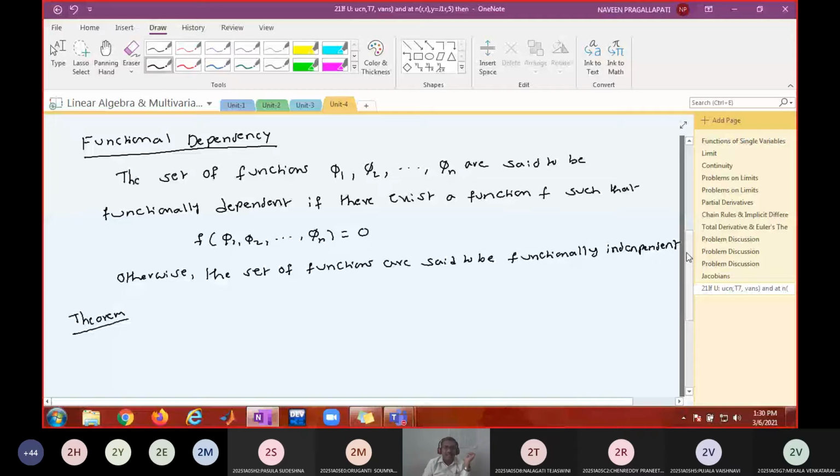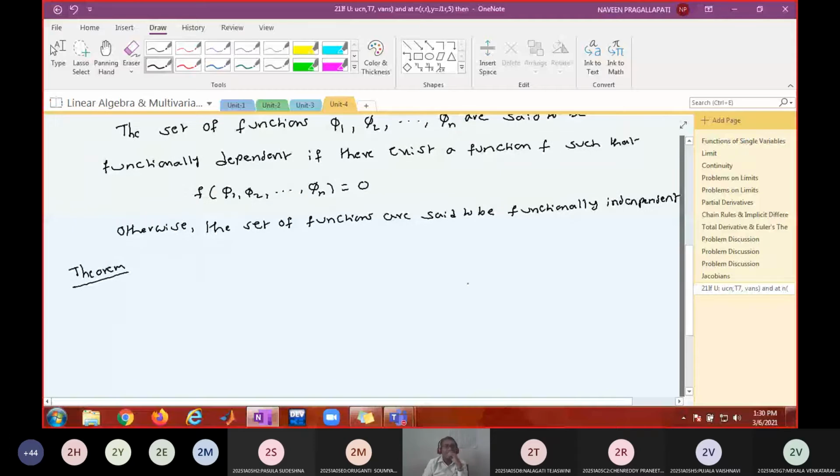There is a result on the Jacobian to check whether they are functionally dependent or not. I will write down the condition for the general case.